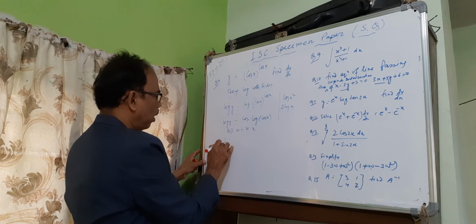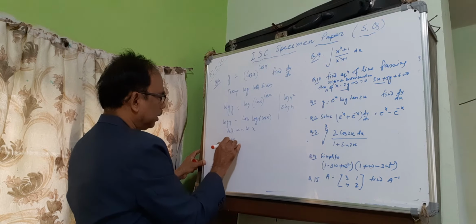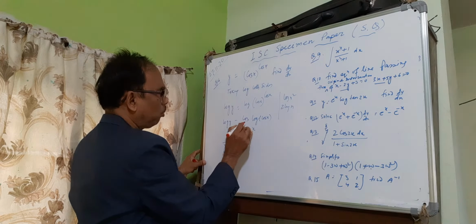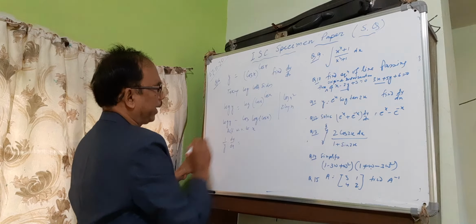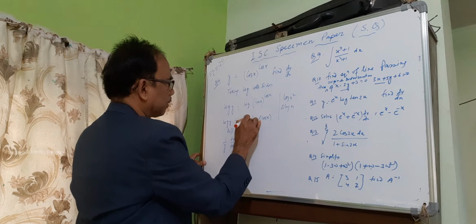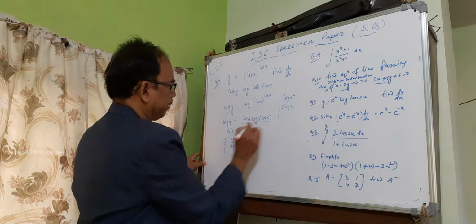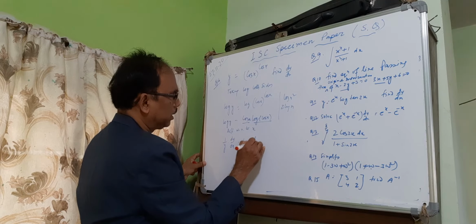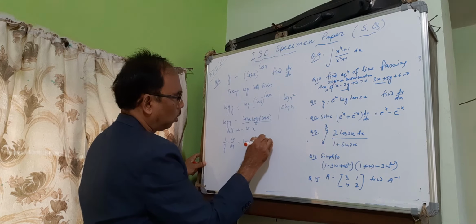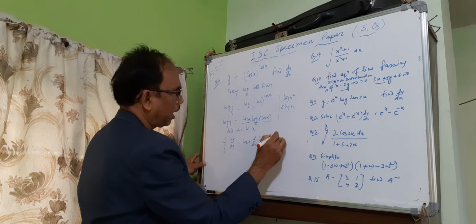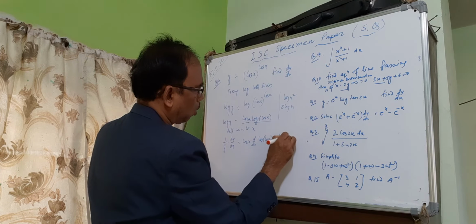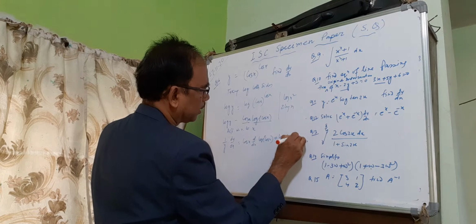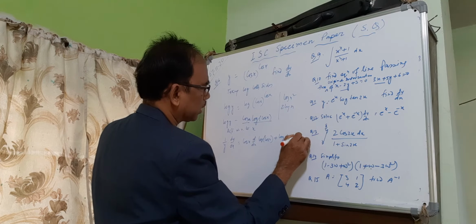Log y derivative is 1 by y dy by dx. Now it is cos x log cos x. This is u, this is v. First, cos x is constant, d by dx of log cos x, plus log of cos x is constant, d by dx of cos x.